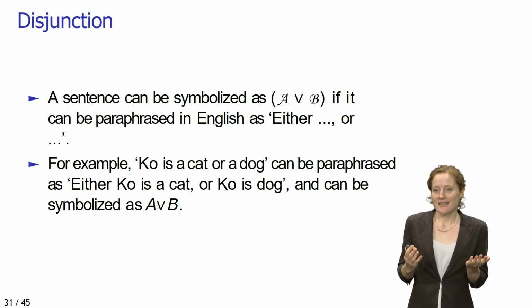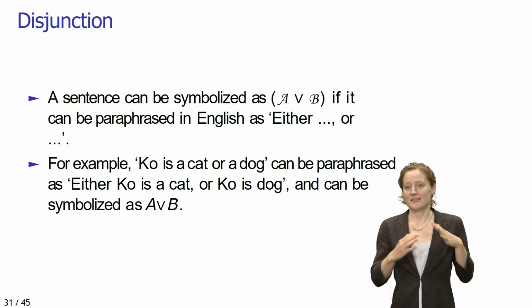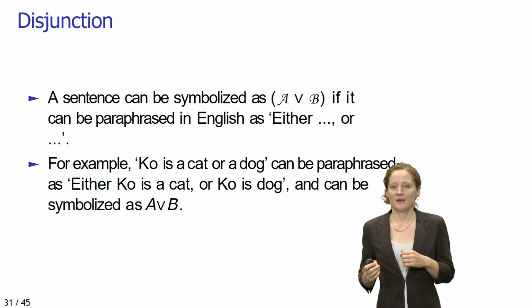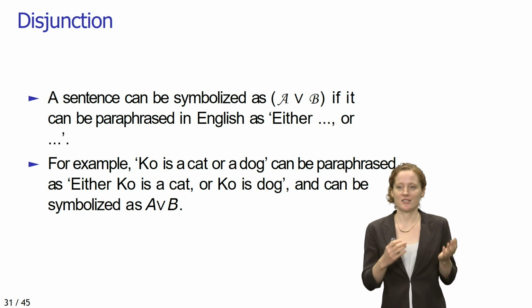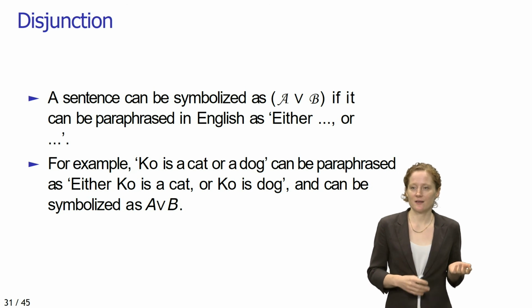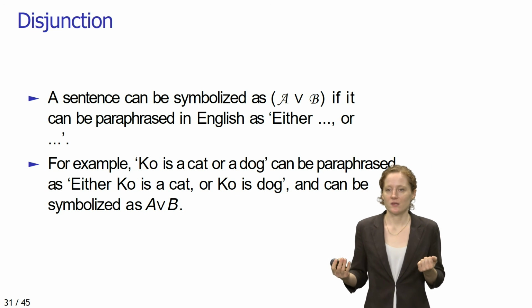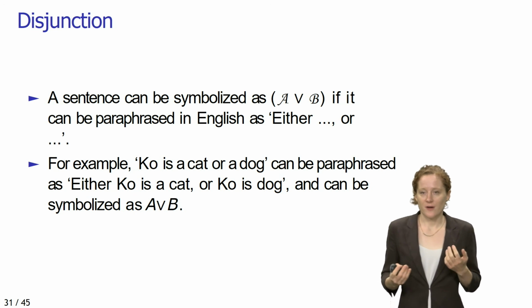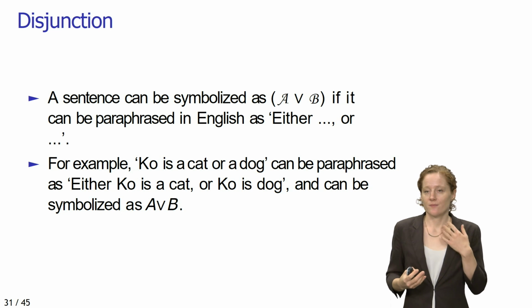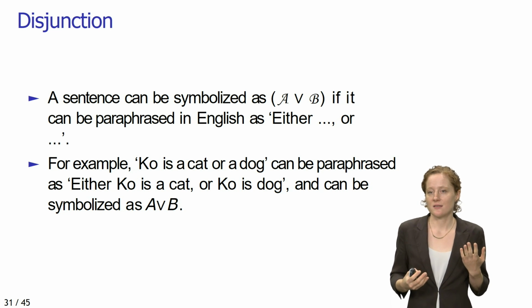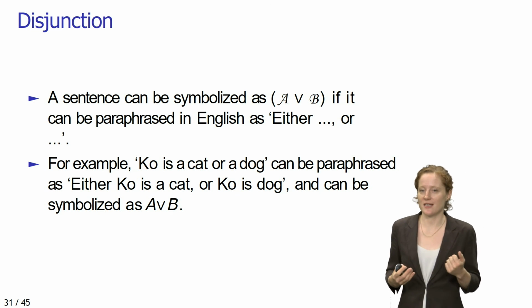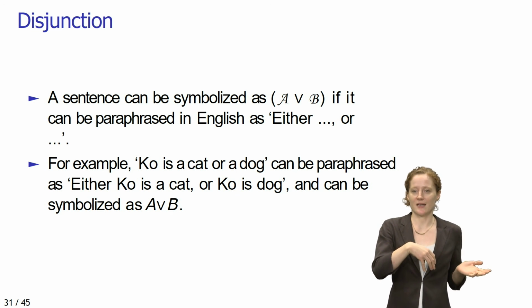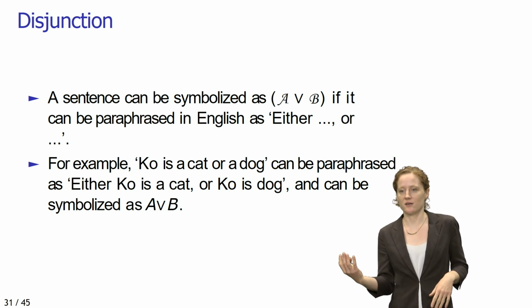A sentence can be symbolized as A disjunction B if it can be paraphrased in English as "either blank or blank." So, for example, we can paraphrase the English sentence, "Co is a cat or a dog," in English as "either Co is a cat or Co is a dog."